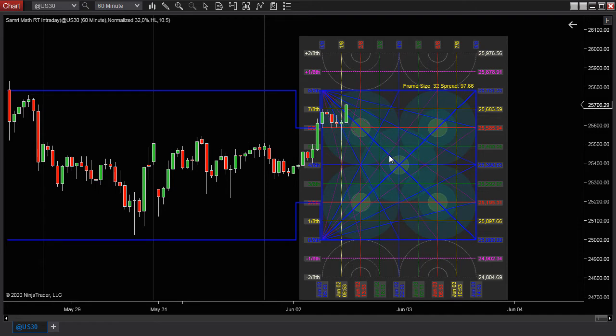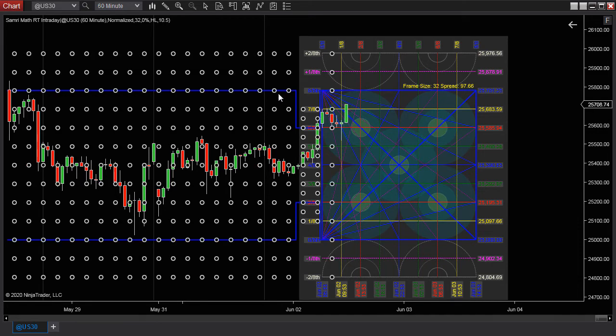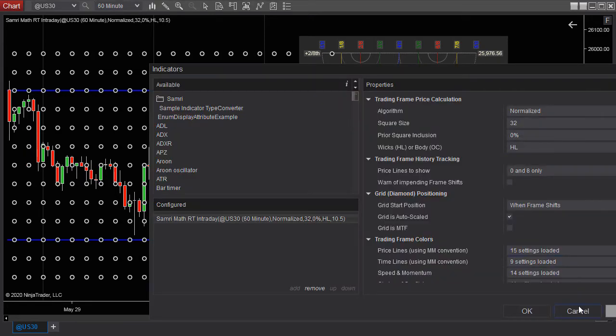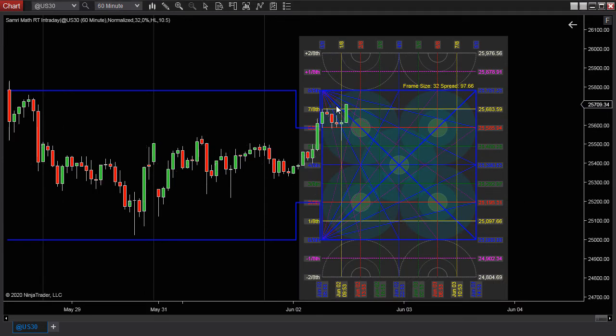Okay, now let's look at how this grid, where it usually begins. The normal thing to happen is to keep it wherever a frame shift happens. So this was a trading range in the pre-market today, and when they busted through the +1 or +2, sorry, we opened up a new range.